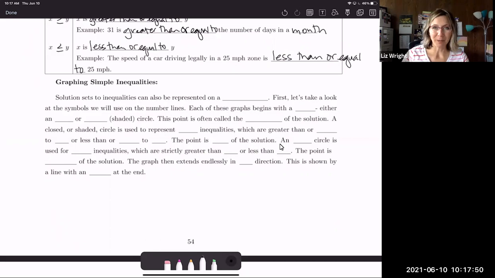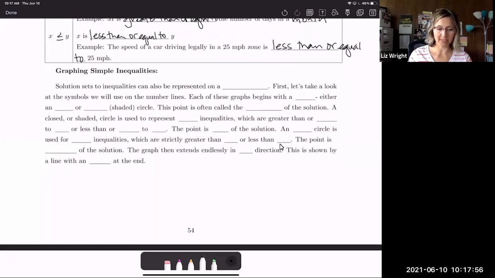All right, so our next paragraph, we are going to be talking about how do we graph these things, because we are going to graph our inequalities on a number line. So solution sets to inequalities can also be represented on a number line. So first, let's take a look at the symbols we will use on those number lines.